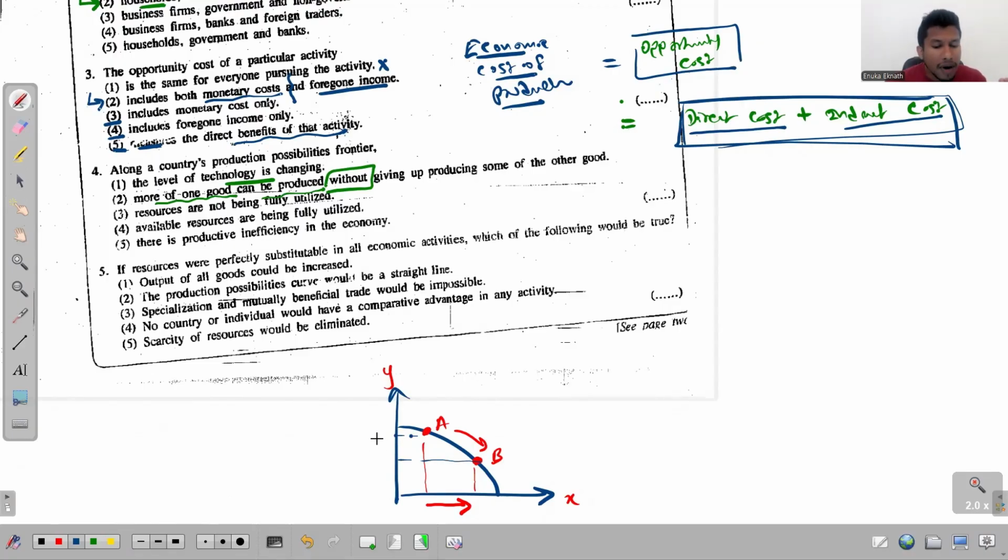You have to sacrifice that. You reduce the production of Y in order to increase the production of X. So this reduction of good Y we recognize as the opportunity cost of increasing good X by this amount. So this statement is false then.